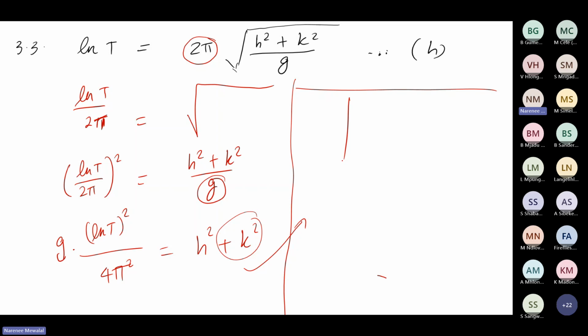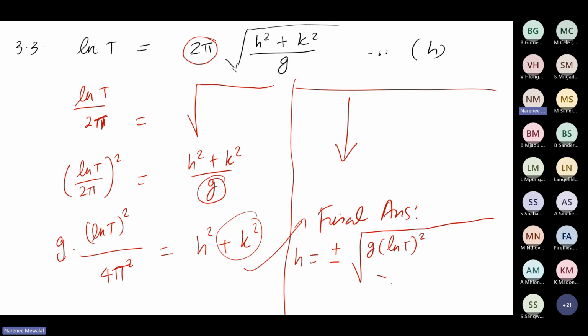So you're going to finish up a few steps here. And your final answer is going to be h is equal to plus or minus the square root of g into ln t all squared minus 4 pi squared times k squared all over 4 pi squared.